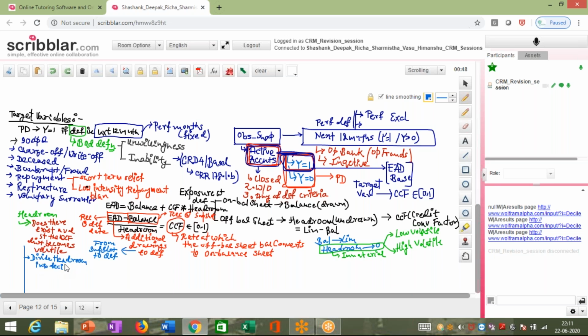Right? So after this has been done, the next thing I'll do is calculate the CCF for each of the deciles. So calculate the entire distribution of the CCF for each of the deciles.